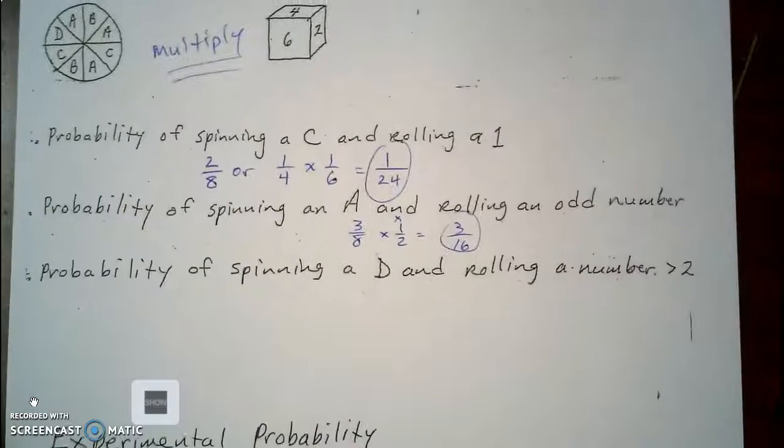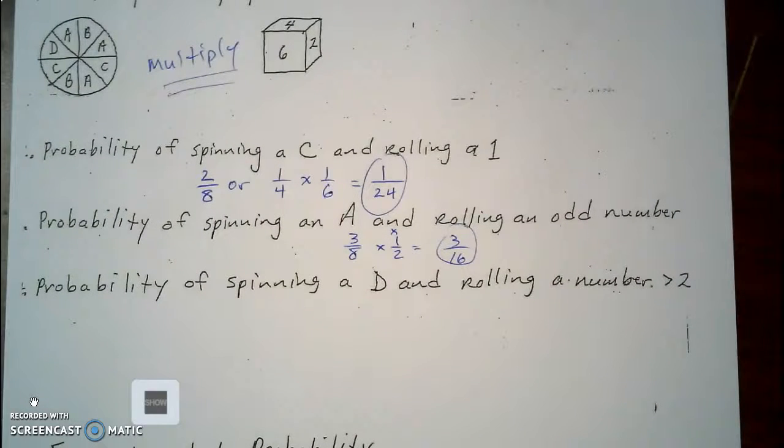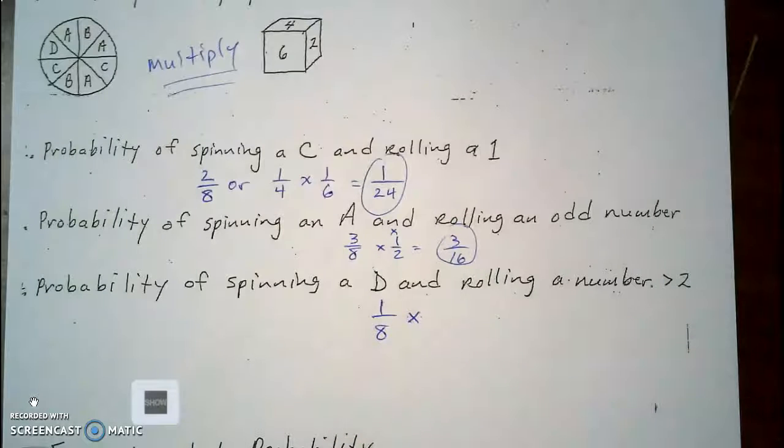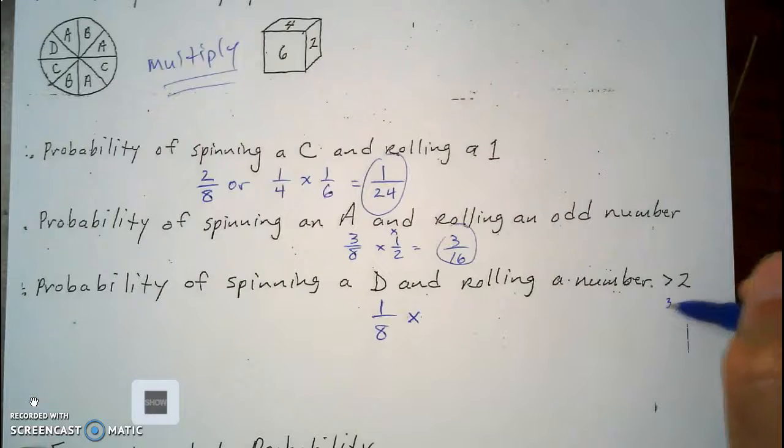And one more to try it yourself, and then we'll check it. So spinning a D, on that spinner I only see one letter D, 1 out of 8. And rolling a number greater than 2, well, numbers greater than 2, we have the 3, the 4, the 5, and the 6.